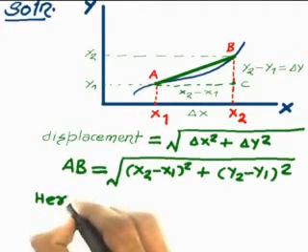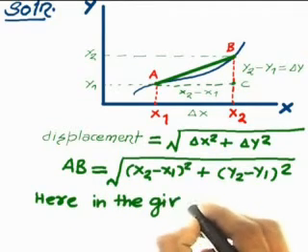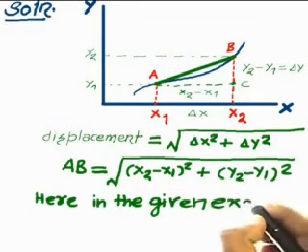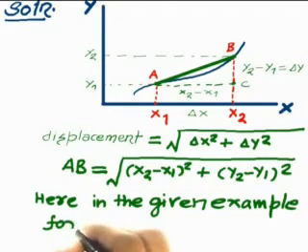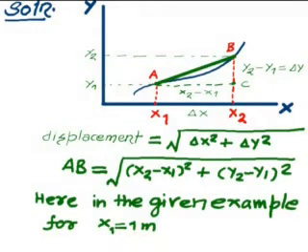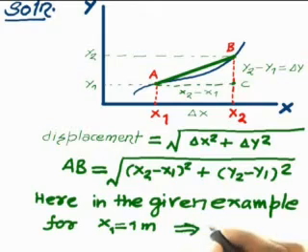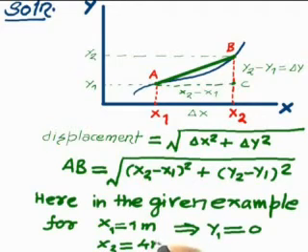Here in the given example, for x1 equal to 1 meter, we can get y1 equal to 0, and for x2 equal to 4 meter, we can get y2 equal to twice root 3.